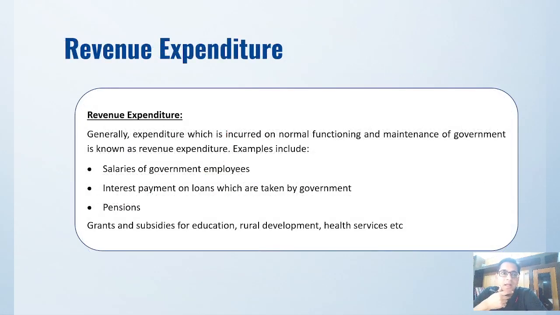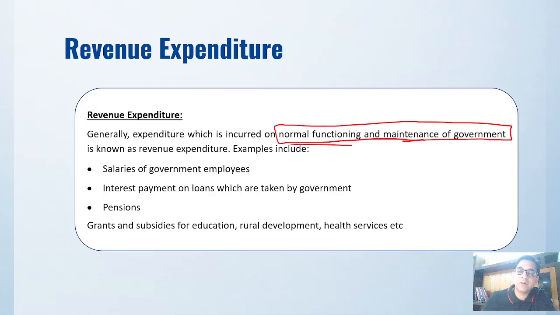Then where does the government do this expenditure, revenue expenditure, especially focusing on normal functioning and maintenance of the government, because these are the pure source and government has to be maintained on revenue expenditure only. From the revenue only you have to pay salaries to the government employees. From the revenue only you have to pay interest. You have taken a lot of loans from the outside world, multilateral loans, right?